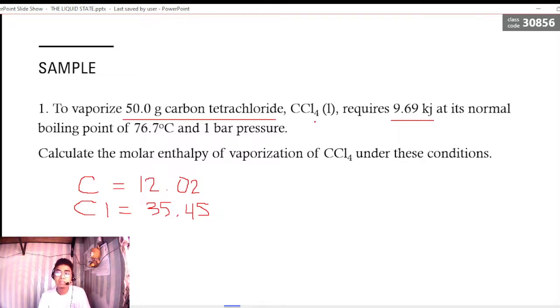Since in our carbon tetrachloride we have 4 atoms of chlorine, we are going to multiply 35.45 by 4 to get the summation of the molar mass of carbon and chlorine combined. So I have here the grams per mole of carbon tetrachloride, which is 153.6 grams per mole.